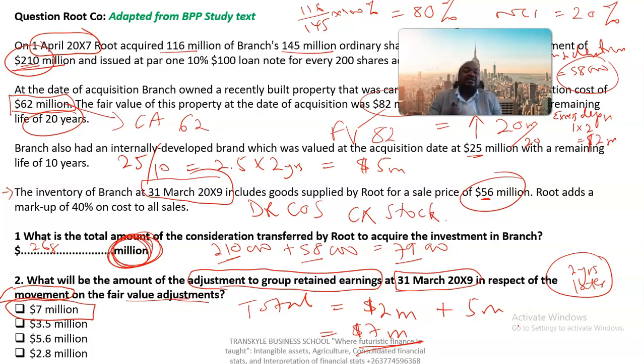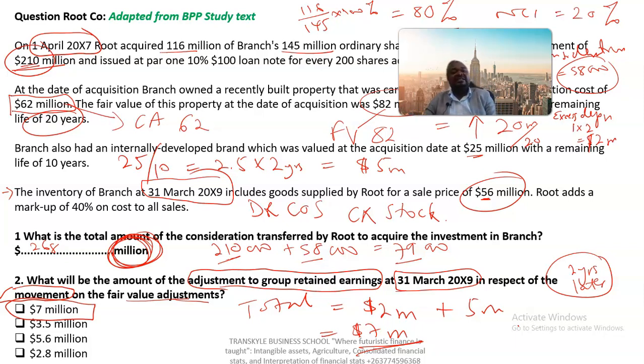We need to increase the cost of sales, but reduce the stock or the inventory with the amount of the PUP, or the UP, the unrealized profit. But now let us compute the unrealized profit.